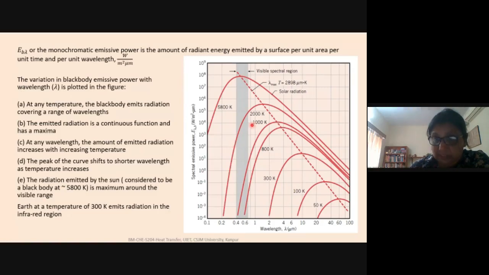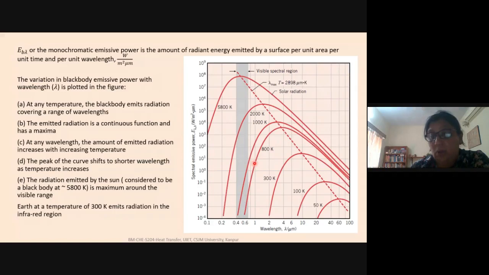So this is a continuous line. Of course, each one of them has got a maximum peak. At any wavelength, the amount of emitted radiation increases with temperature. So as we increase the temperature, for example, I take a wavelength of say 1 micron, I draw a straight line from here, and the amount of emission radiated at 800 Kelvin is given by this value, which is about 5.